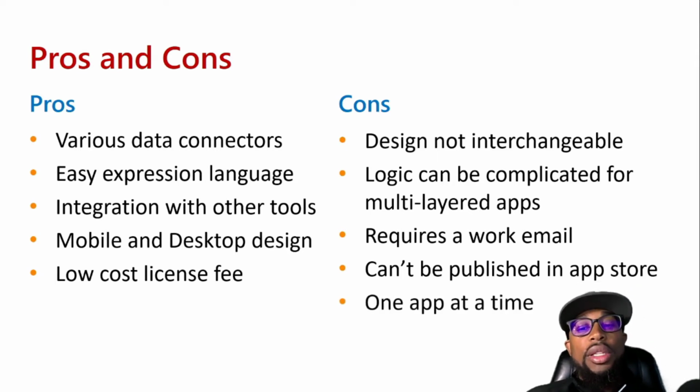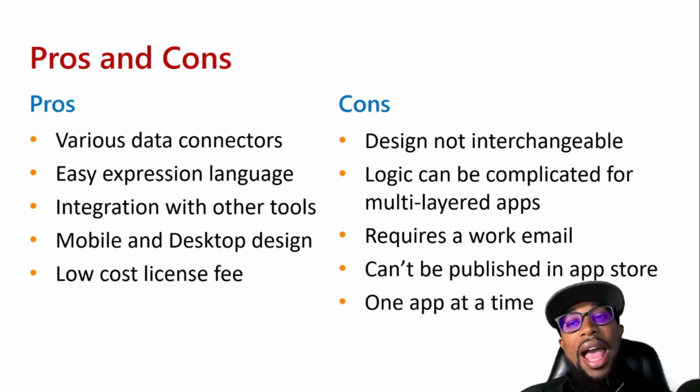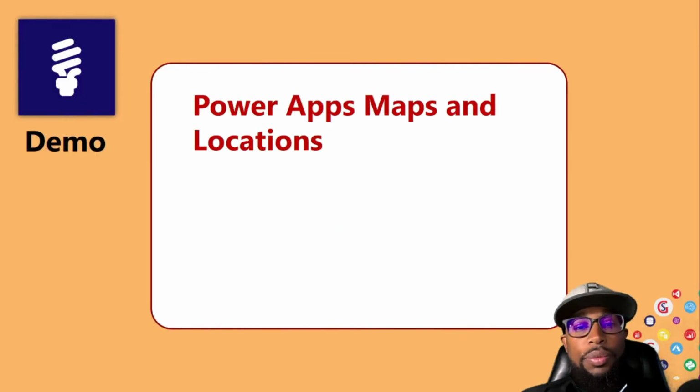And you can only develop one app at a time. You can have 2 apps active, but if you have a different license structure, like the per user, you can only have a limited amount of apps running.